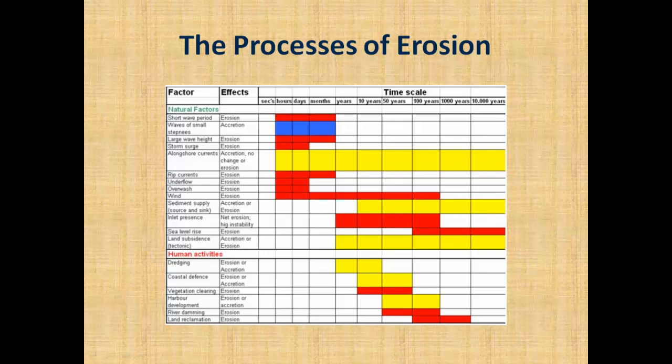Let's talk about the human activities based on spatial and time scale. We have activities along the shores, jetties, seawalls. They pretty much destroy the coastline in 5 to 10 years. They pretty much shorten the beach.